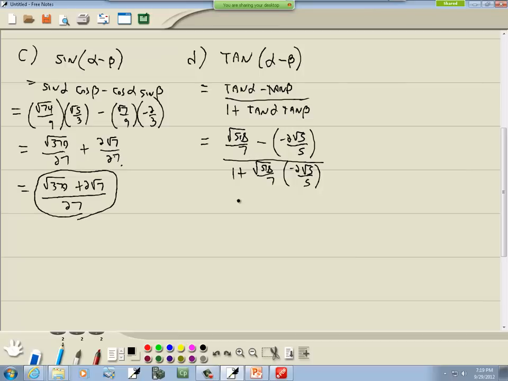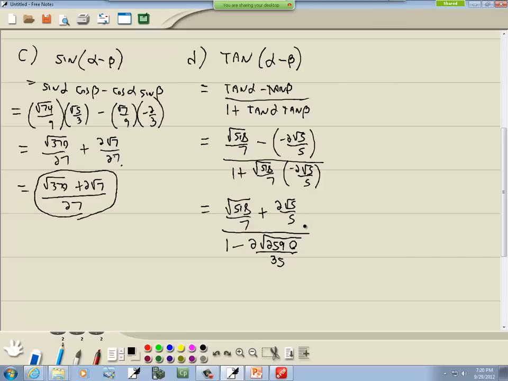Now, let me simplify that a little bit. So that's square root of 518 over 7, and negative negative is positive, 2 square root of 5 over 5. 1 plus, okay, I lie, 1 minus. And multiply these together, and we get 2 square root of 2590 over 35.